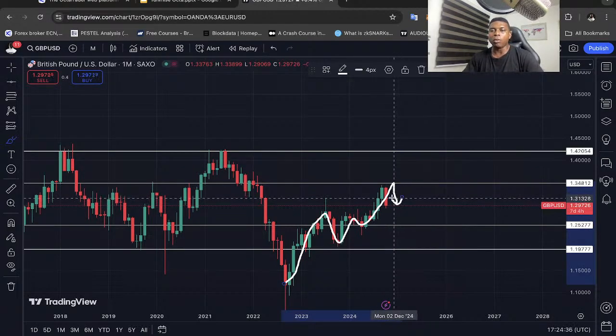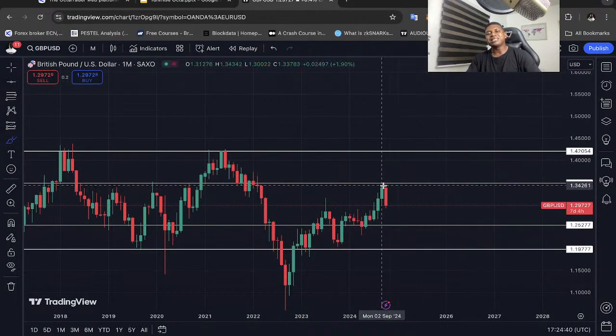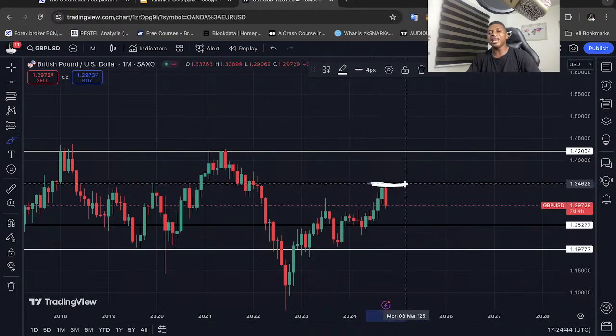Now one of the things you need to observe with me is that price got to a level it had never gotten to before in the last 12 candles.